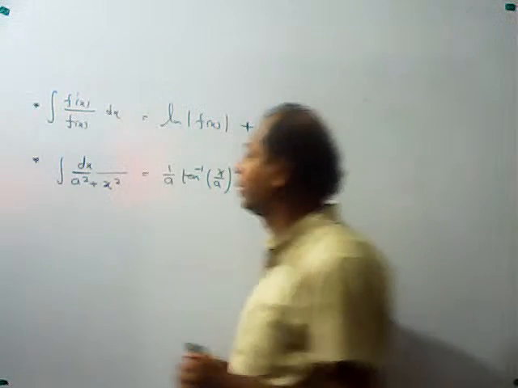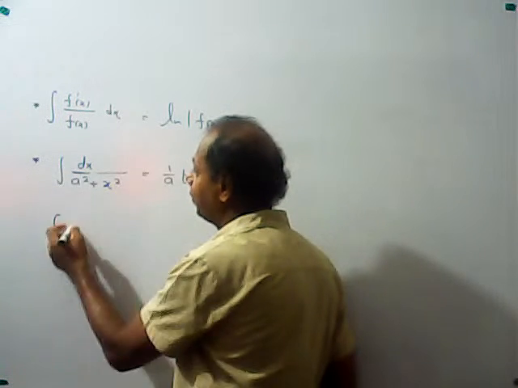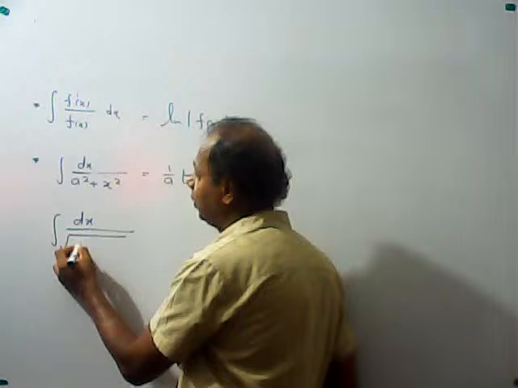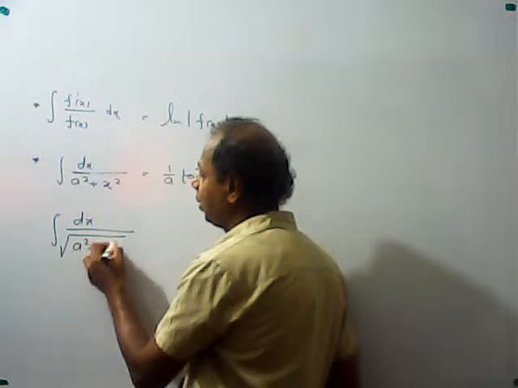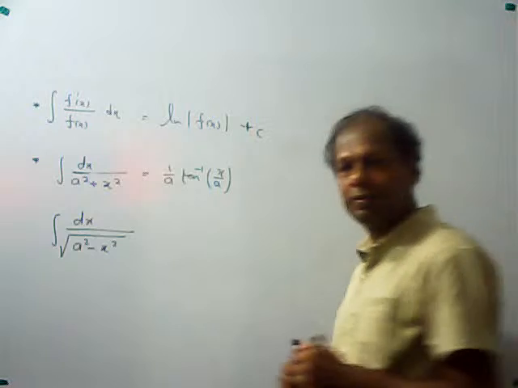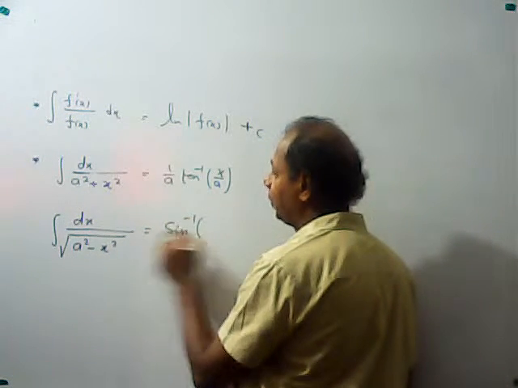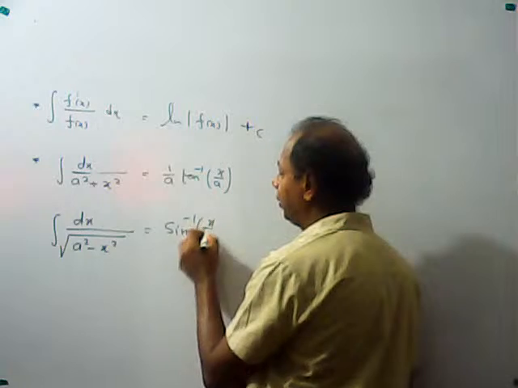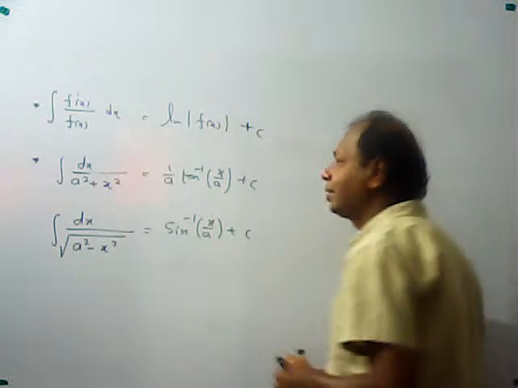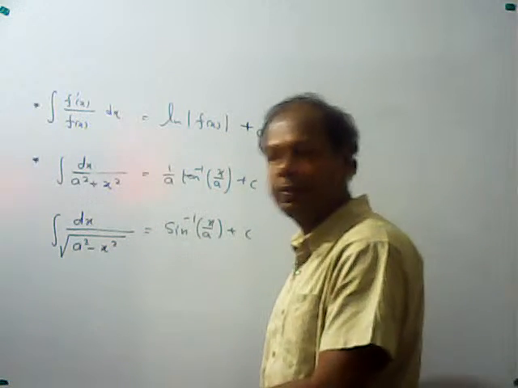Then the next part: if it is 1 over square root of a squared minus x squared, the integral of this equals sine inverse of x over a. Don't forget to write plus c.